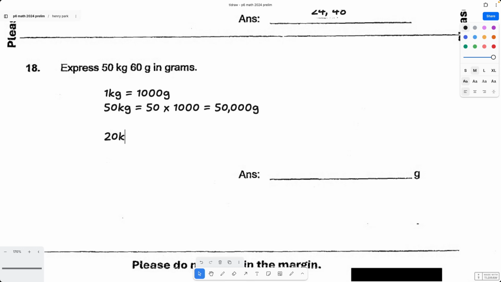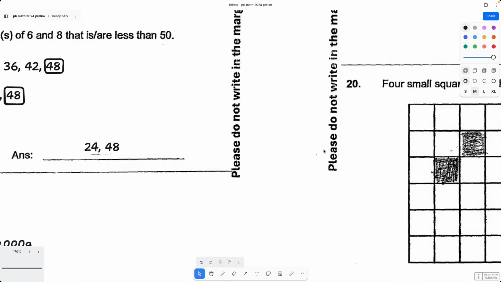So 50 kg 60 grams is equal to 50,000 plus 60, which is equal to 50,060 grams. So that's your answer, 50,060. Okay, let's move to the next question.